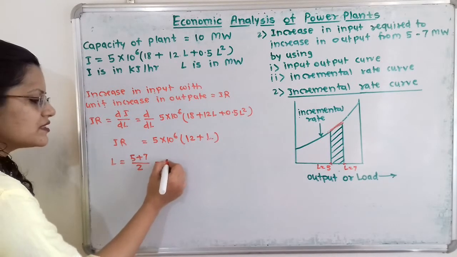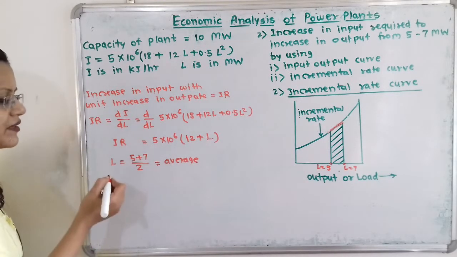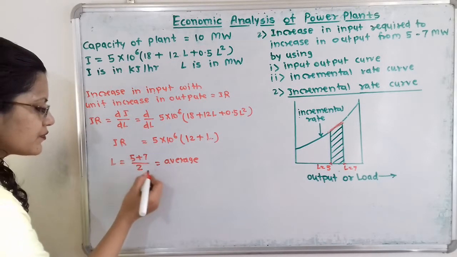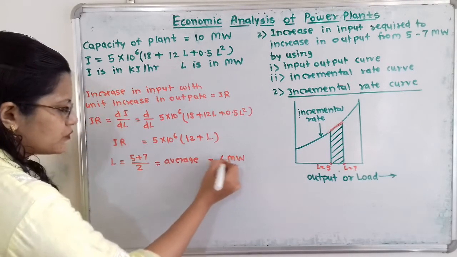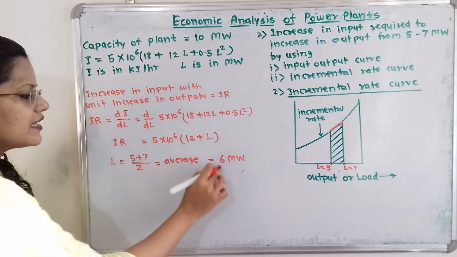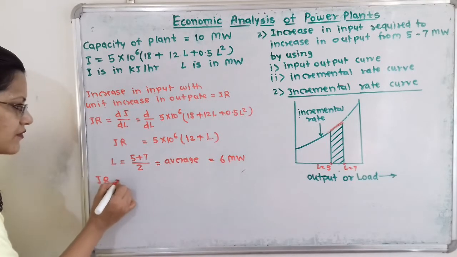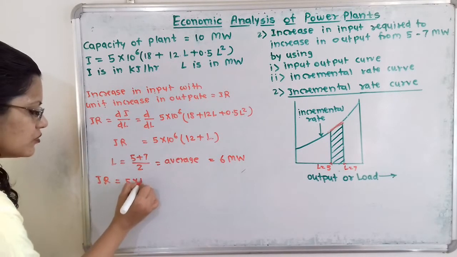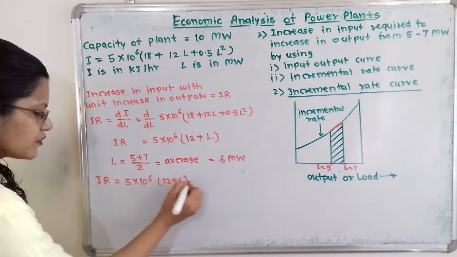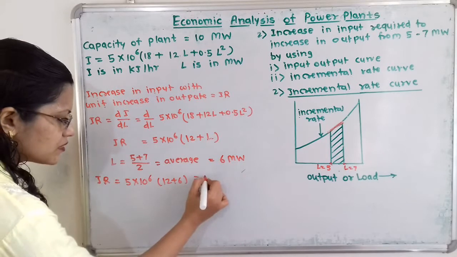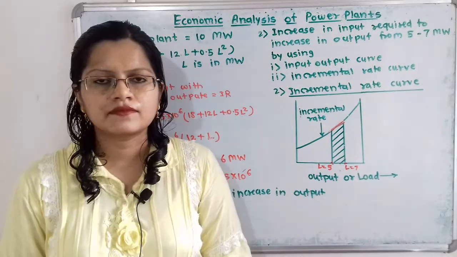That means we have to take the average. So 5 plus 7 by 2 is equal to 12 by 2, which is equal to 6 megawatt. When I put L is equal to 6 megawatt, I get the value of IR. So IR is equal to 5 into 10 raised to 6 into 12 plus 6, which is equal to 18 multiplied by 5 into 10 raised to 6.